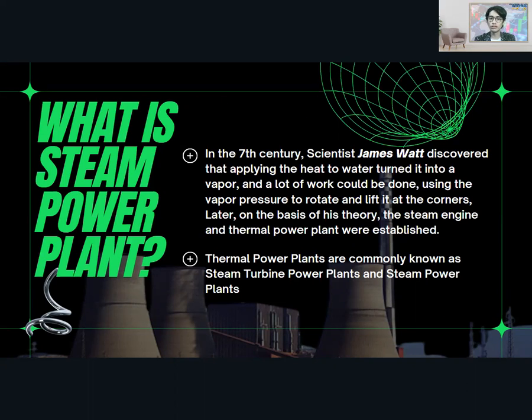Thermal power plants are commonly known as steam turbine power plants and steam power plants. So big thanks to James Watt because he discovered this invention that is very useful in today's generation.